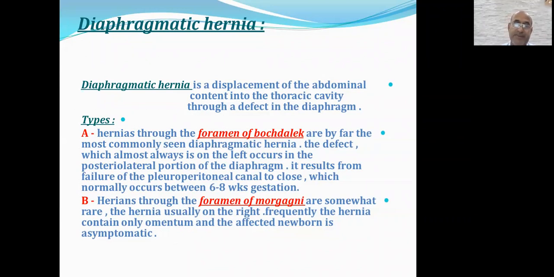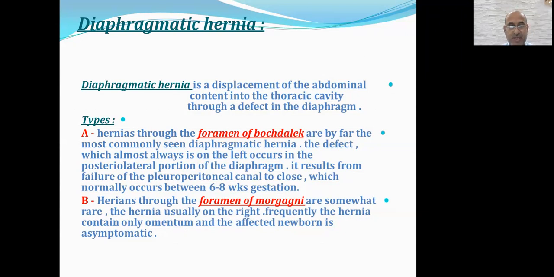So here, the gastric content is pushed or herniated to the left side of the chest. In comparison, the other diaphragmatic defect, through the foramen of Morgagni, is rare, and the hernia usually occurs on the right side.